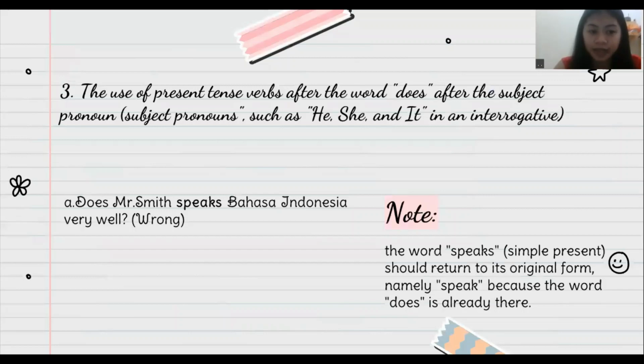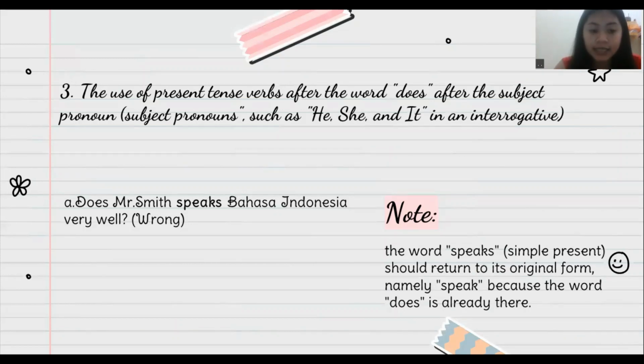Number 3, the use of present tense verbs after the word does after the subject pronoun. Subject pronouns such as he, she, and it in an interrogative. For the example is, "Does Mr. Smith speaks bahasa Indonesia very well?"